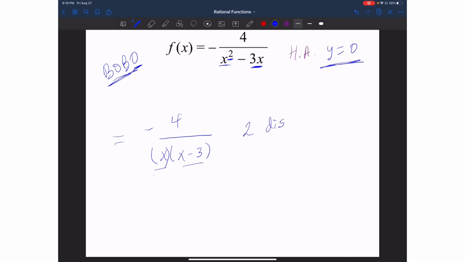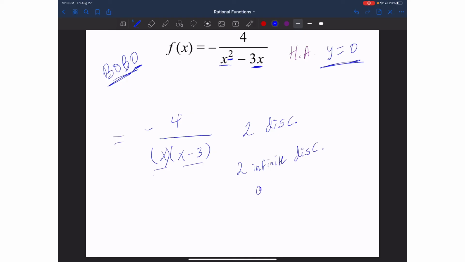So in this case, I have 2 discontinuities. I cannot cancel out x because I don't have an x in the numerator. And I cannot cancel x minus 3 because I don't have x minus 3 in the numerator either. So in this case, I have 2 discontinuities, and both of them are going to be infinite.